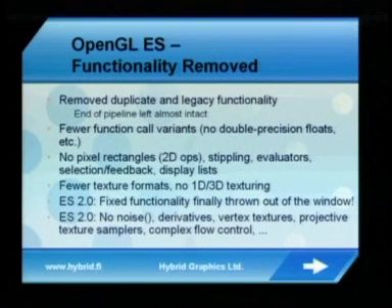Other things are pixel rectangles. You can implement those using textures. Stippling can be done using textures, and so forth. Some texture formats were also removed. And a really, really major thing that happened was that with ES 2.0, which is coming out next week, we threw the whole fixed functionality pipeline out, and finally we did that.